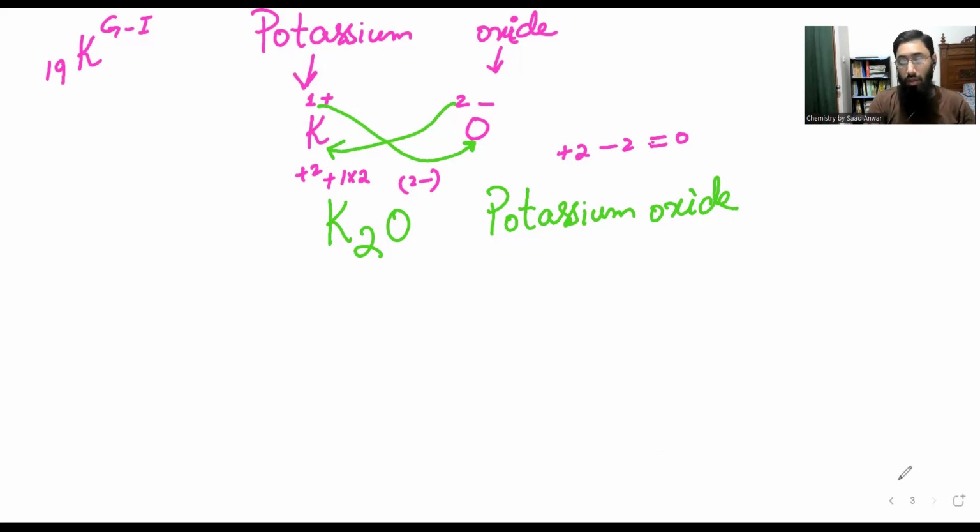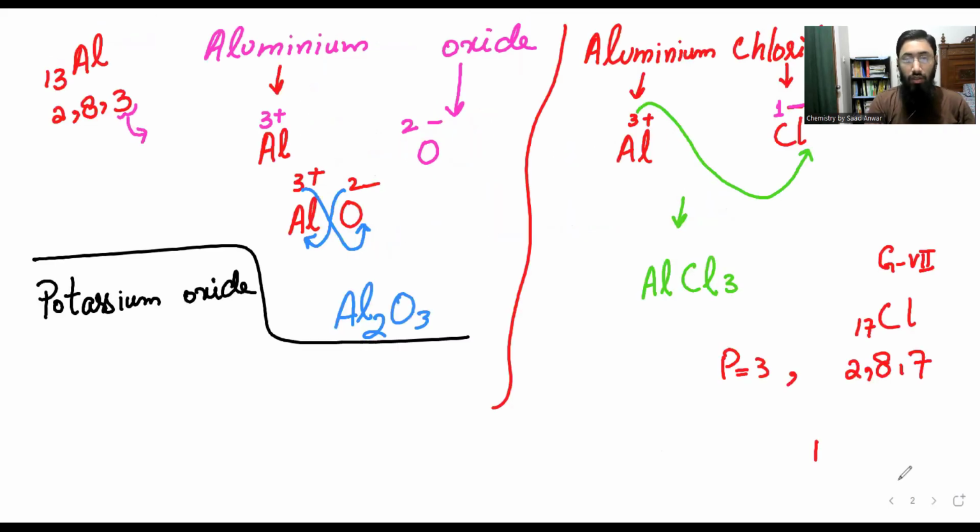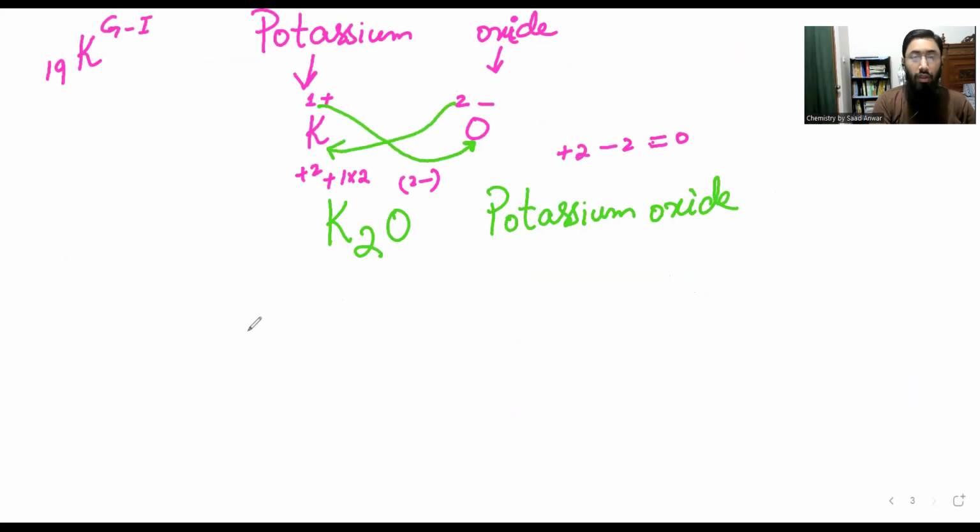Similarly, in the previous example, Al2O3: aluminium has plus 3 charge. We have taken two aluminium, so multiply by 2 and it becomes plus 6.